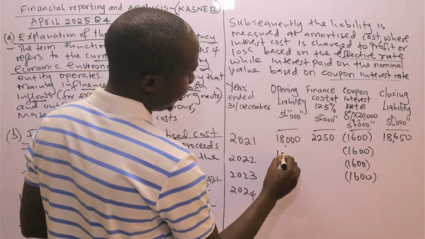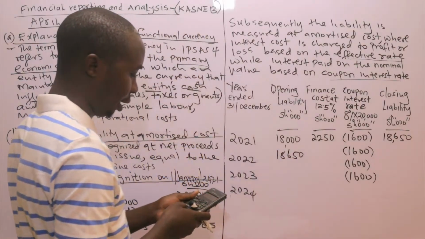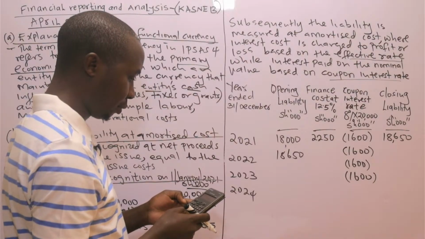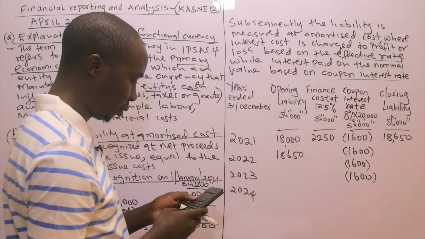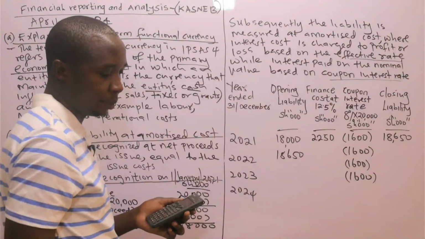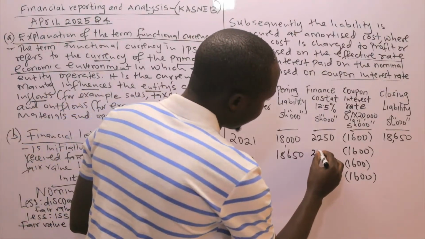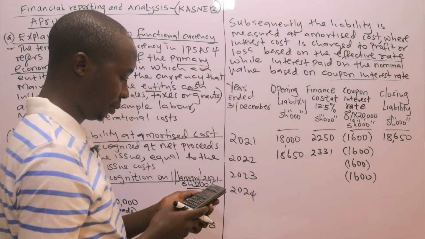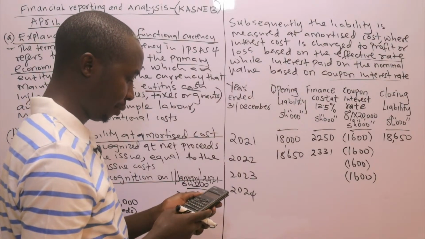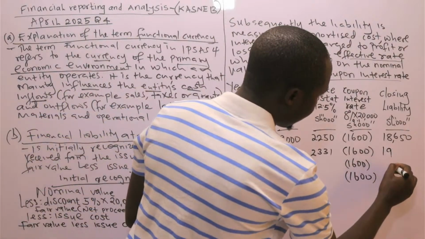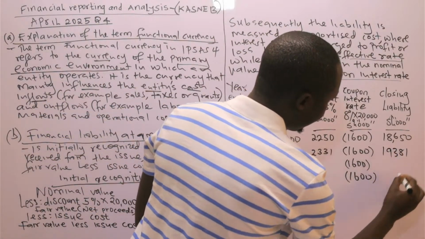So then now the second year we have a liability of 18,650 times 12.5%. That is 2,331. So 18,650 plus 2,331 minus 1,600. So that is 19,381.